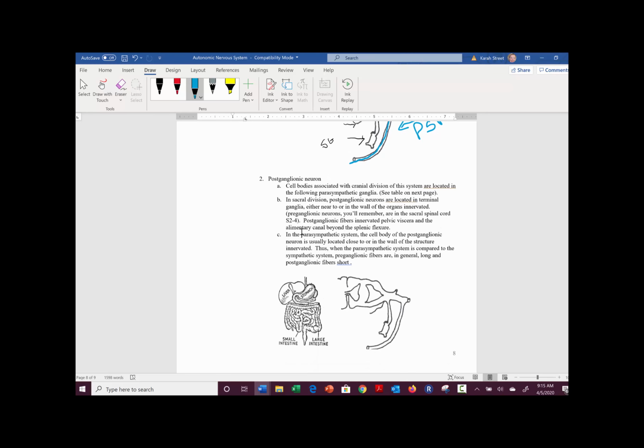What about the postganglionic neuron options? Well, it's important that you remember that when we're targeting involuntary effectors below the diaphragm, there's an important anatomical part called the left colic flexure. It's also called the splenic flexure.